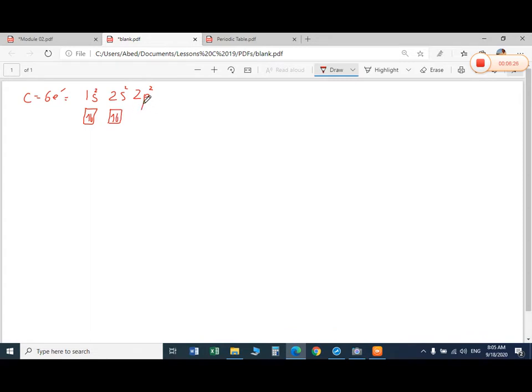Now 2p, there are 3 p orbitals: 2px, 2py and 2pz. So let me draw this. This is 2px, this is 2py, and then 2pz. In the s, both 1s and 2s are a single orbital.